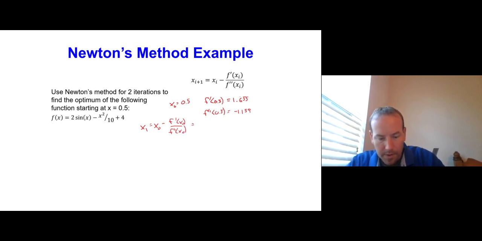Okay, and then if we throw in these values, we get 0.5 minus 1.1655 divided by negative 1.59. And so that gives us that x1 is equal to 1.928.